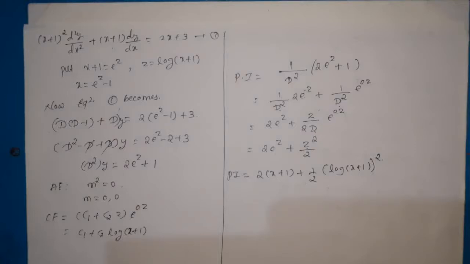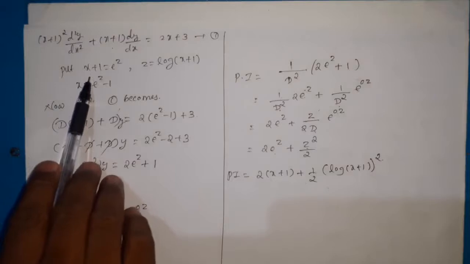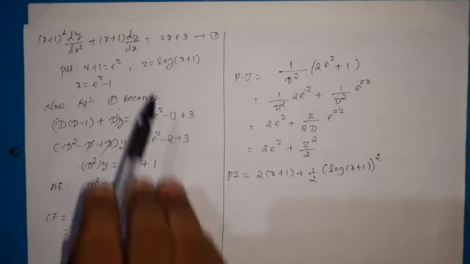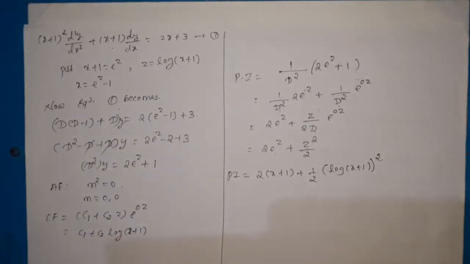So in the complementary function as well as particular integral, that z must be replaced by the function of x. If we have e power z, then the substitution a plus bx equal to e power z has to be replaced, and if it is z, then z equal to log of a plus bx will be there.